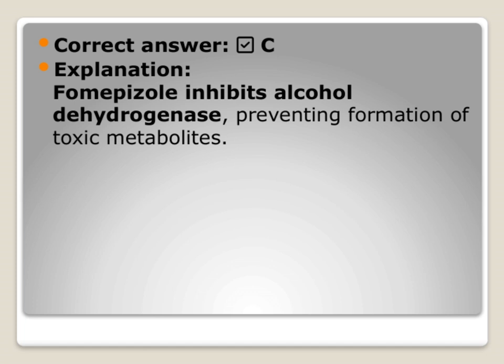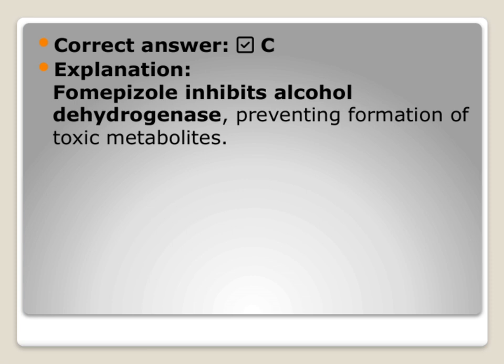Fomepizole works by inhibiting alcohol dehydrogenase, which is the enzyme responsible for metabolizing certain toxic alcohols. By blocking this enzyme, fomepizole prevents the formation of harmful metabolites that can cause serious toxicity. This is a crucial point because it highlights how fomepizole acts at an early stage in the metabolism process, essentially stopping the cascade of toxic effects before they develop.